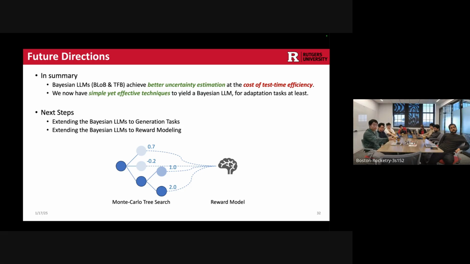Originally the reward model only gives you deterministic reward values. But imagine you have an uncertainty-aware reward model where you have a range, a distribution, of your reward. Sometimes you can be overly optimistic and choose the upper bound of the reward, and it can inspire the search algorithm that you have so far.